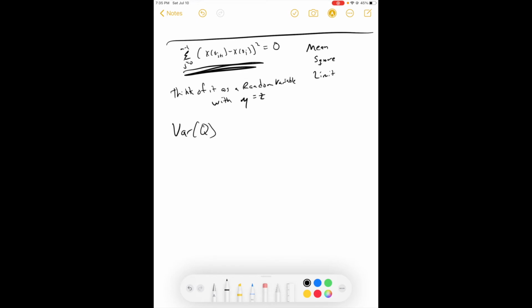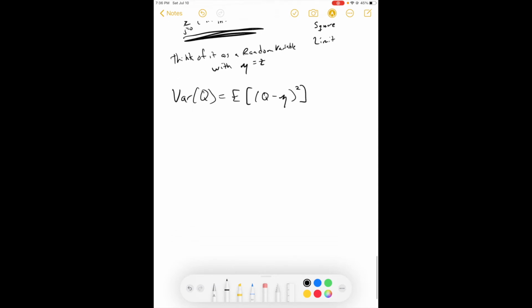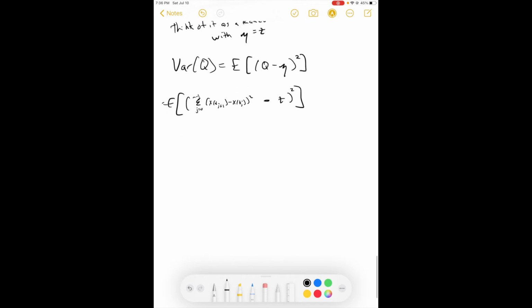Let's say it's q. Well, that's the expected value of q minus mu, squared, right? So in this case, we have the expected value of our q, which is the sum from j equals 0 to n minus 1 of x of t sub j plus 1 minus x of t sub j, squared, minus mu, which is t. This whole thing together, squared.